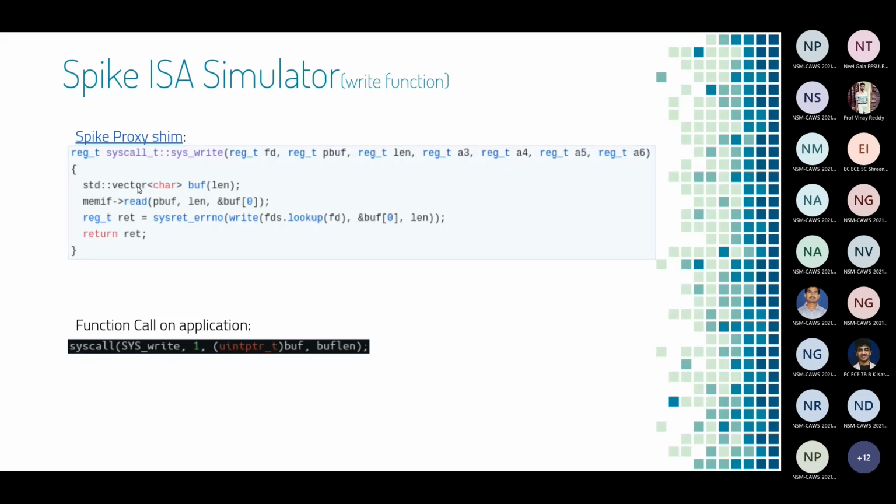It will read from that particular memory location, and then it will perform a write onto your host system with a file descriptor. In the application, this is how you perform the system call. You say sys.write 1, and then you give the buffer pointer location, and then you specify the amount of data to be written.